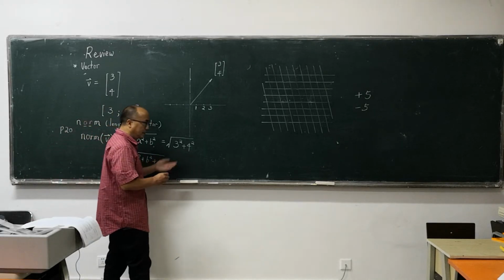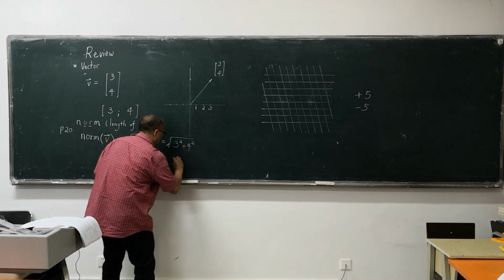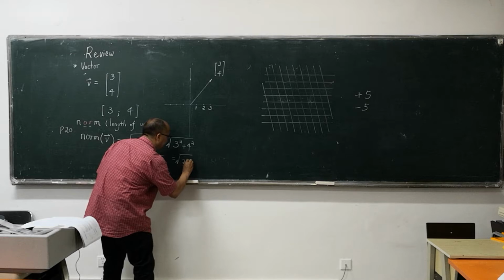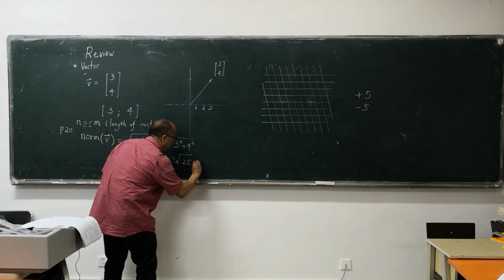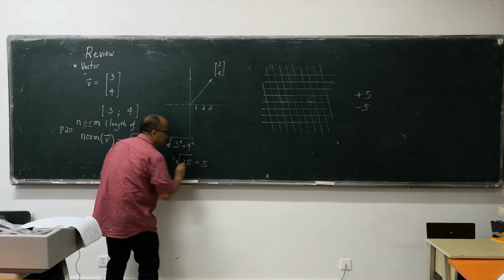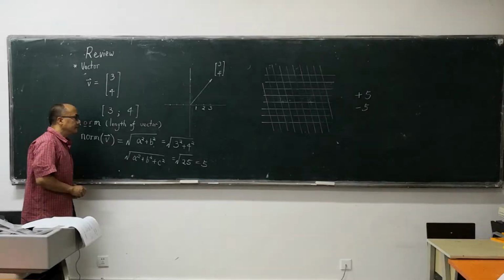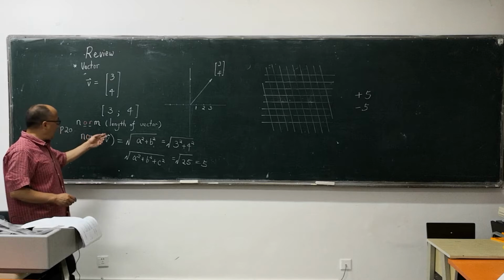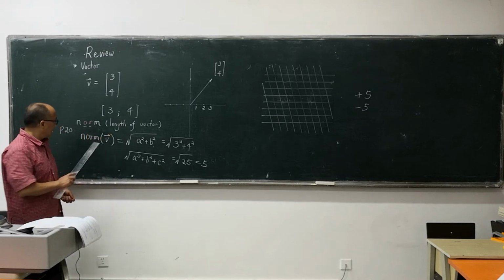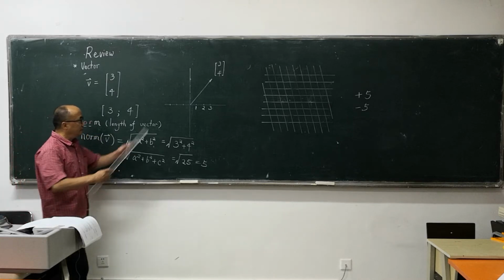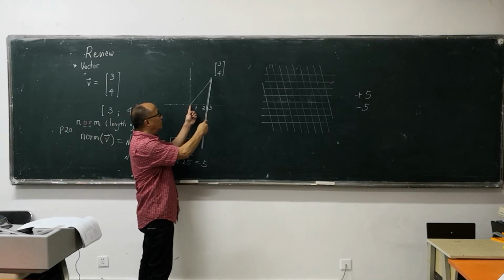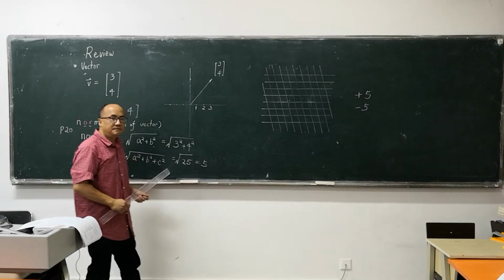The result is the square root of 25, and the result is 5. So the norm, the length, is 5.